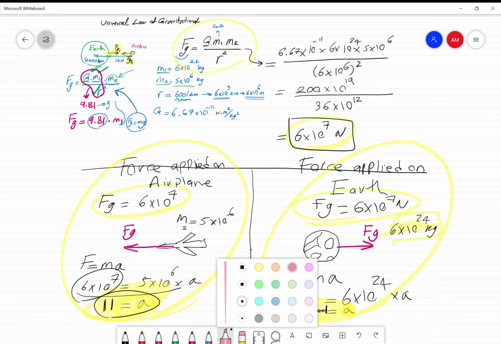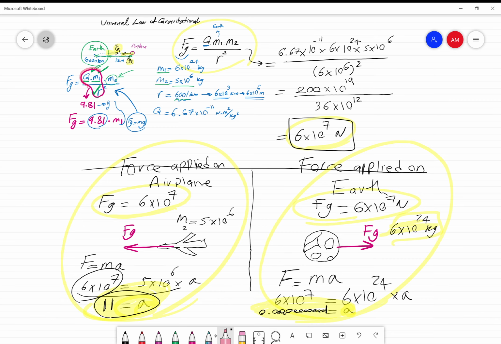What we are about to say right now is only for Earth. If one of the objects is Earth, then our equation could be summarized into a shorter equation. It could be summarized to 9.81 times the mass of the other object.